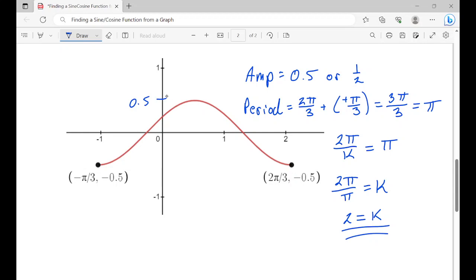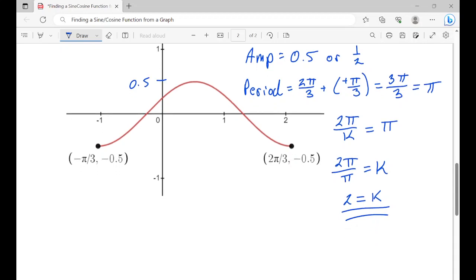And like I said, this doesn't start on the y-axis at a high or a low point. It's kind of starting somewhere in the middle. So I can see that normally it would start here for a cosine graph, but it's been moved over to the left pi over 3. So I can say that my b value, this time I actually have one, is from the left pi over 3.